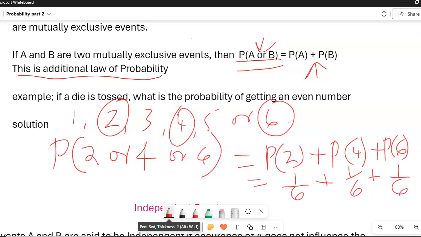So we have 1 over 6 plus 1 over 6 plus 1 over 6, which is 3 over 6. We simplify that, and it is the same as a half. That is how you can answer that on a mutually exclusive event.